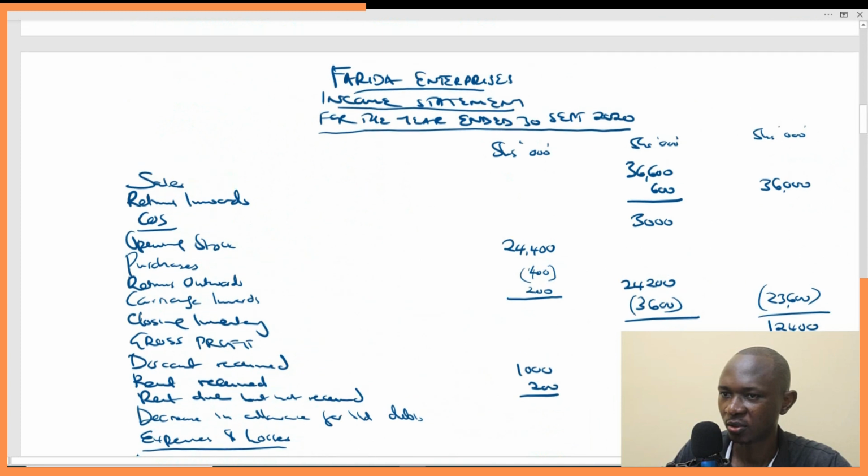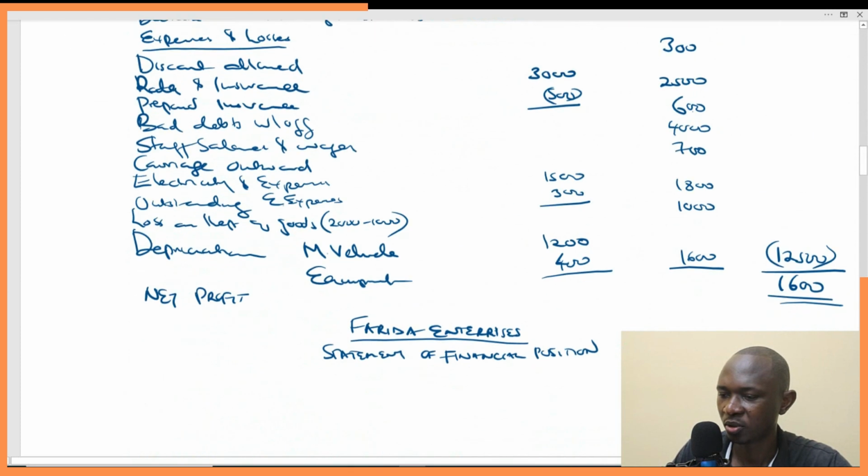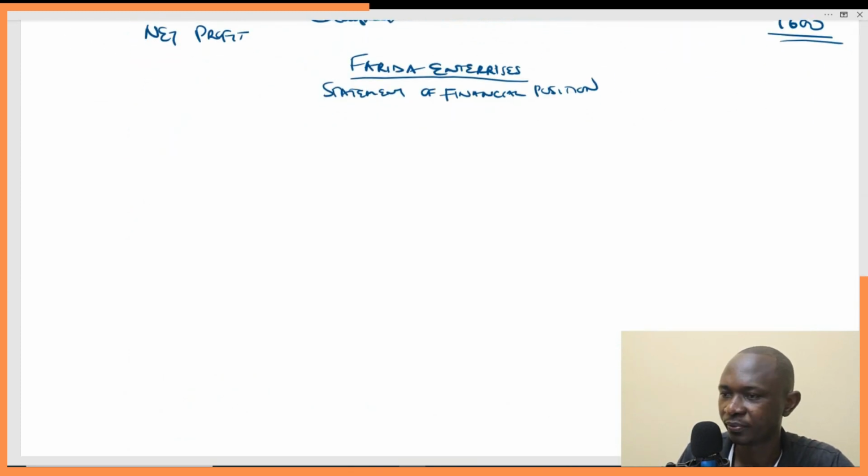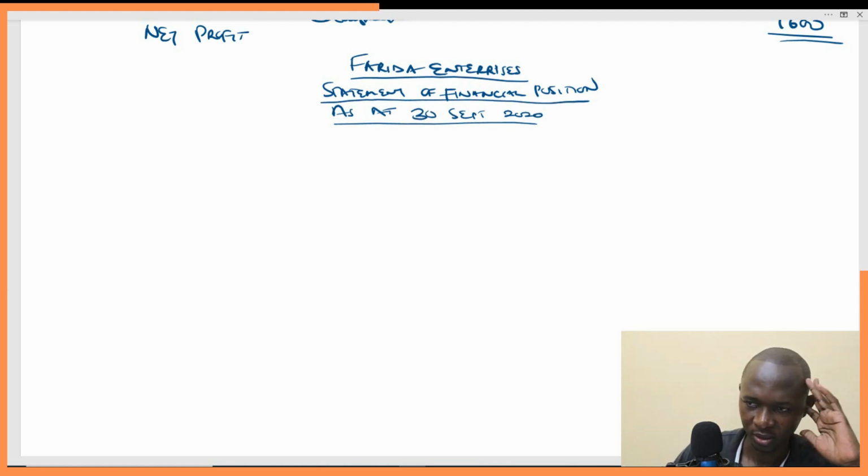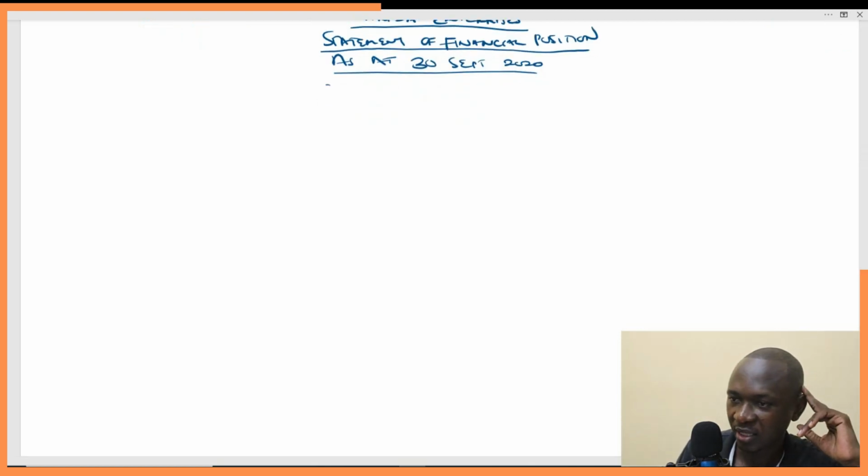That's what is expected of us, to come up with a statement of financial position, and it has to be as at 30th September 2020, not for the year. Notice the difference. This is as at, the other one was for the year.